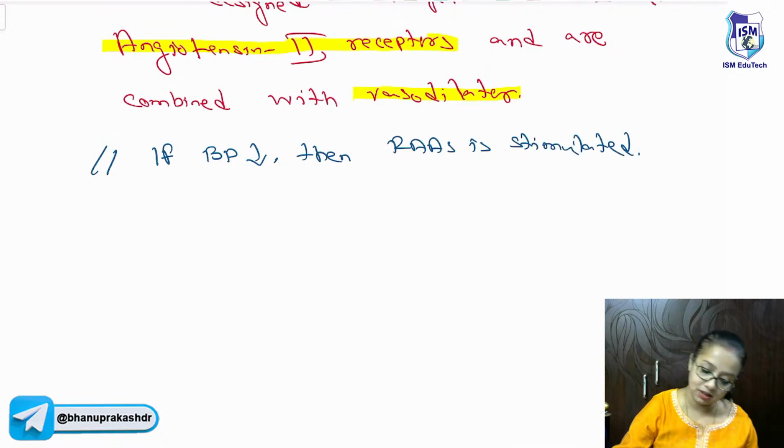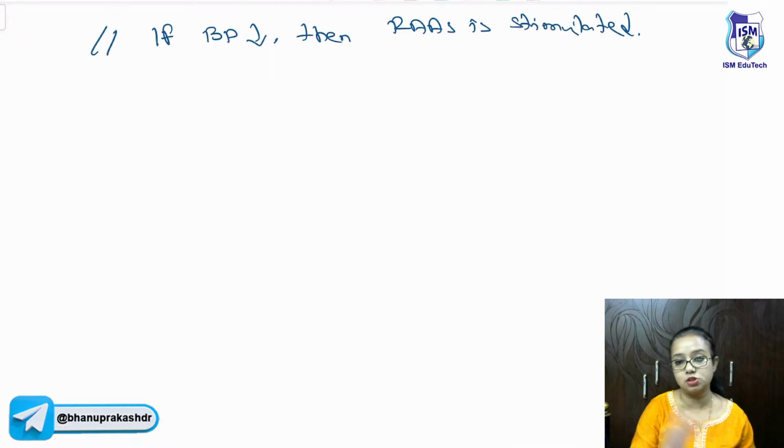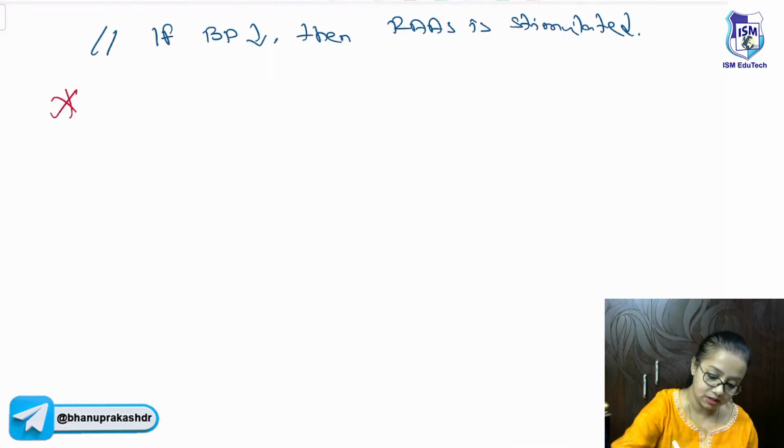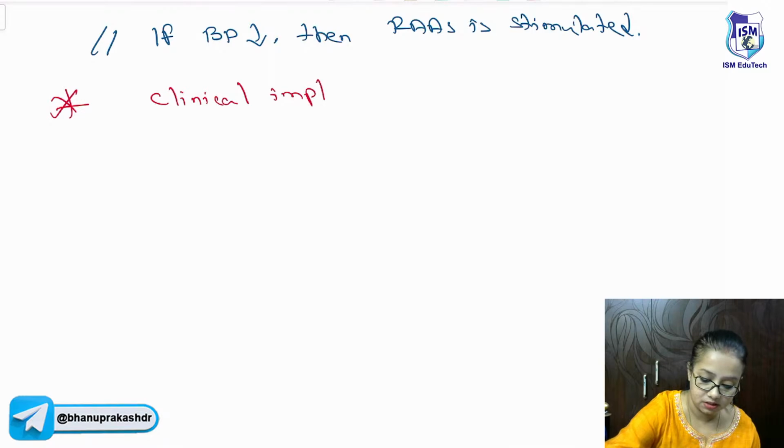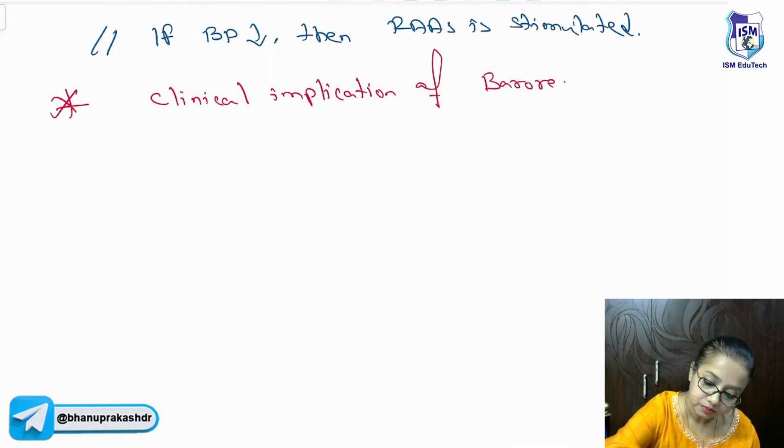Now, one clinical implication in context to the short-term regulation, which needs a mention, is one clinical implication of baroreceptor.